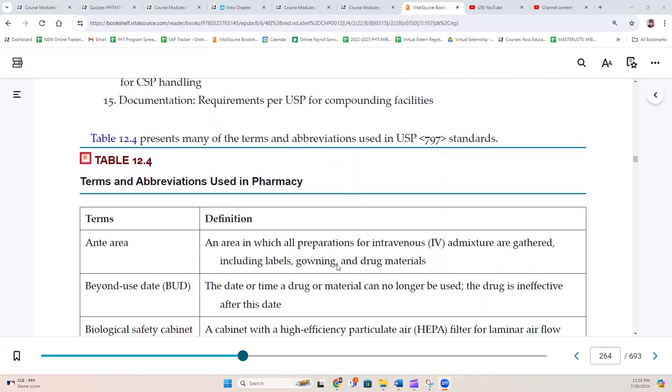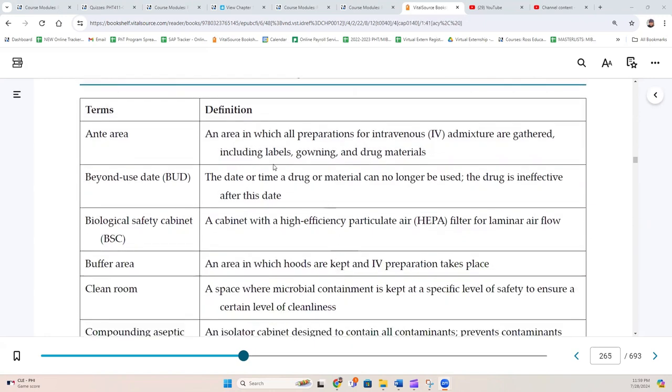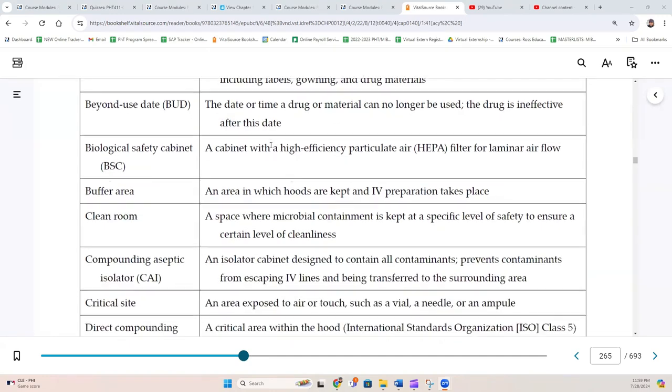12.4 is terms and abbreviations used in the pharmacy related to 797 standards. So we have the ante-area, an area in which all preparations for intravenous admixture are gathered, including labels, gowning, and drug materials. Beyond use date, the date or time after which a drug or material can no longer be used. The drug is ineffective after this date.